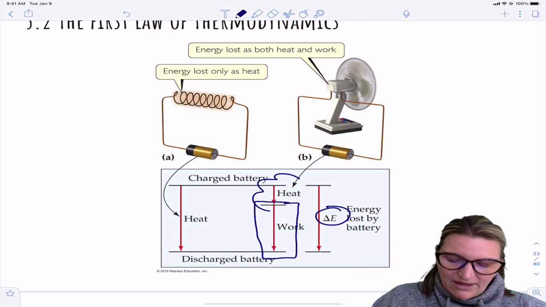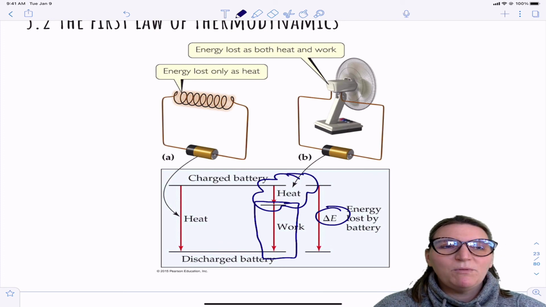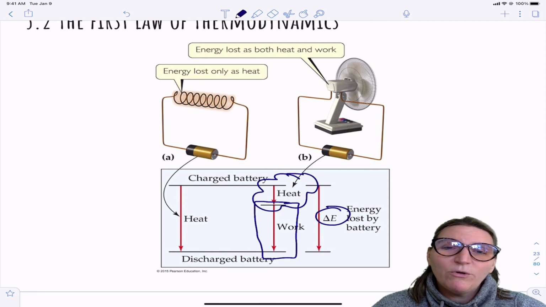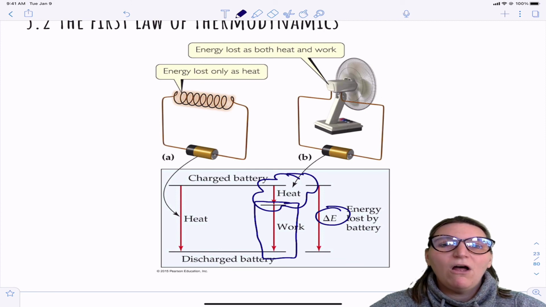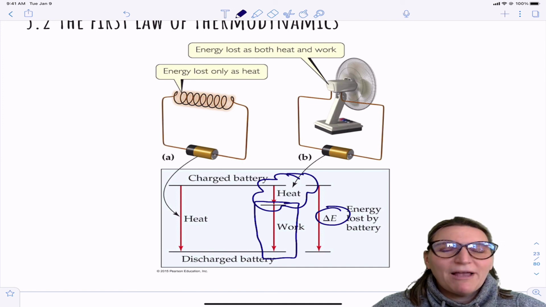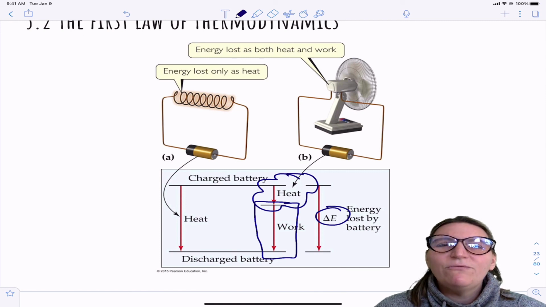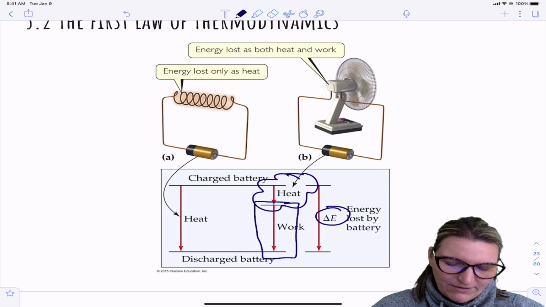So that must mean that another amount of energy to make that up must be lost in the form of heat. That's why when motors run, usually they feel hot, right? Your computer feels hot. The back of your television feels hot. Sometimes your phone may feel hot. You can feel just the latent heat coming off of it.